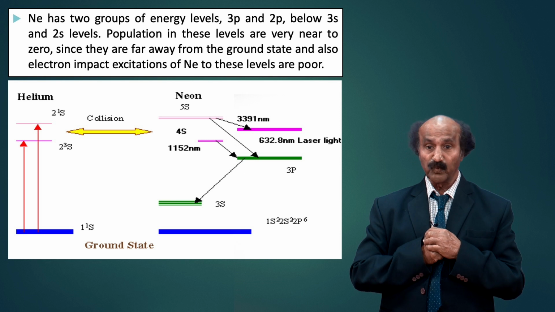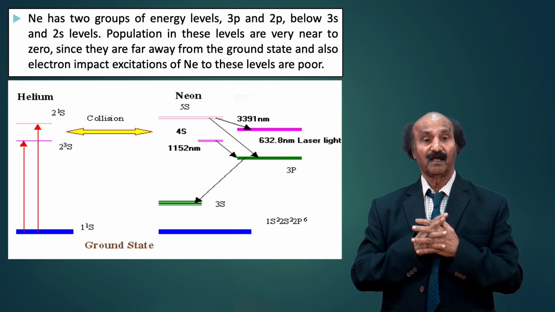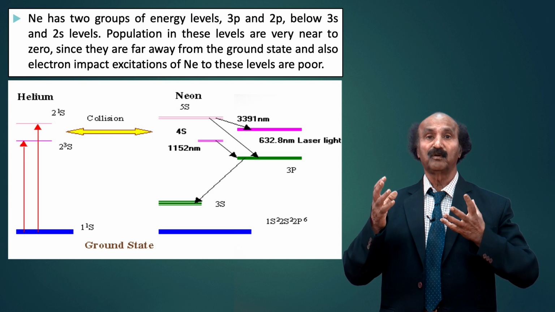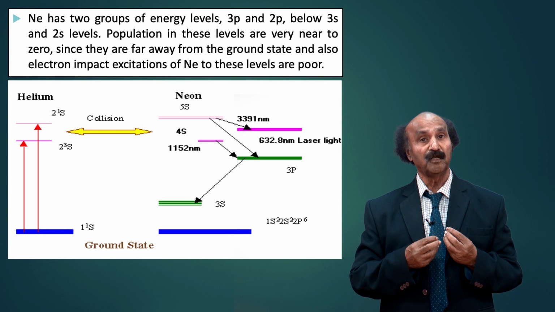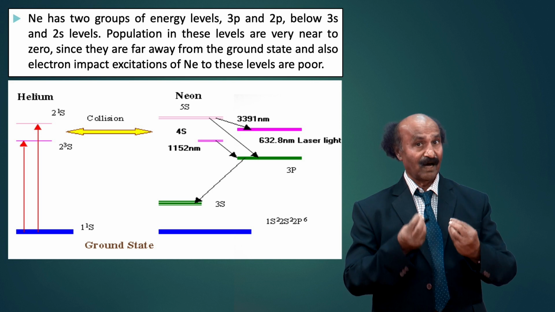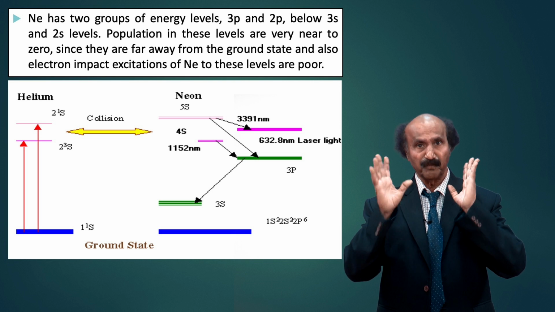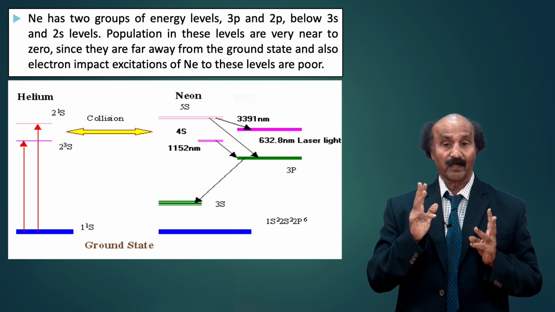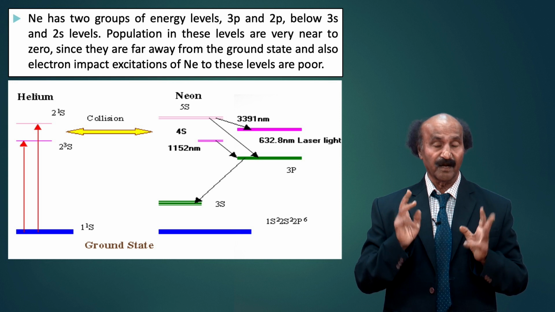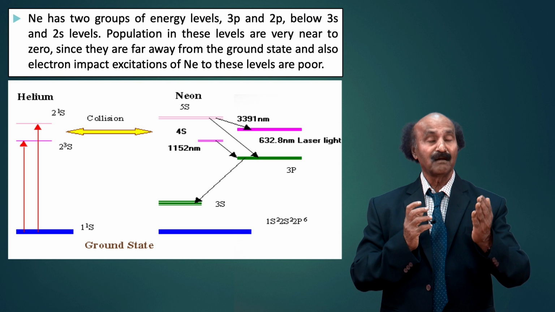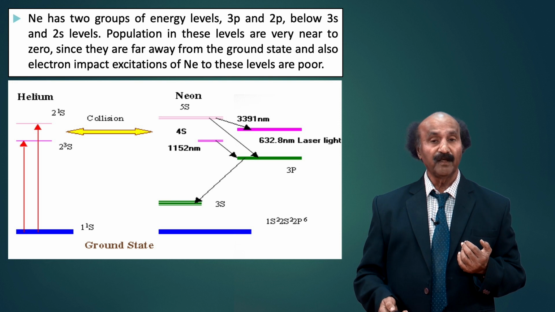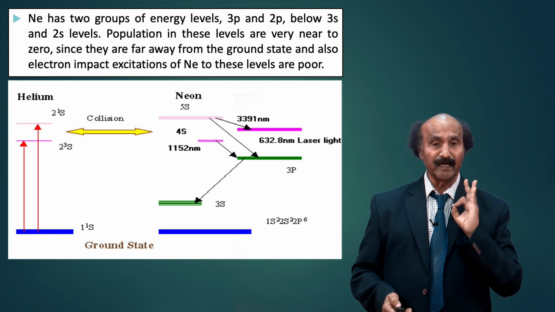Since it is a minus 1, it is an allowed transition. When you say it is an allowed transition, you will be able to get a substantial quantity of radiative emission, or the emission is strong. That is the meaning of this. Look carefully: all the 3 transitions are allowed, and all of them are competing with each other. Now what do we do? How do we get only red? This is where engineering detail comes in.